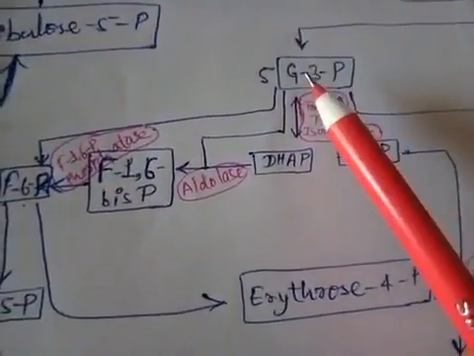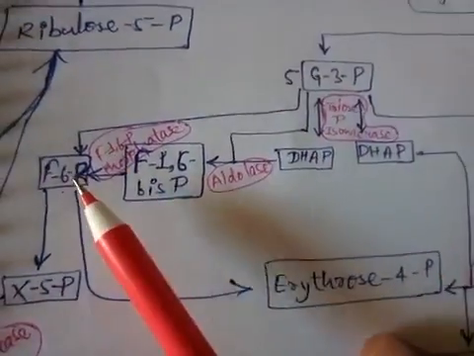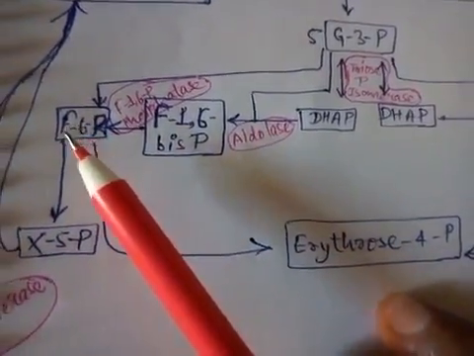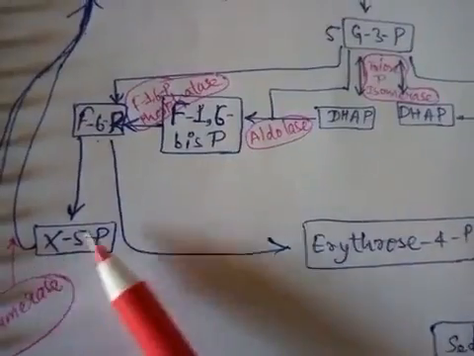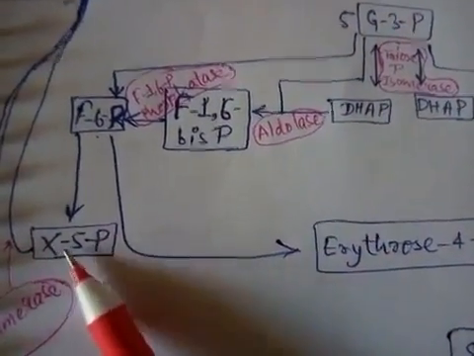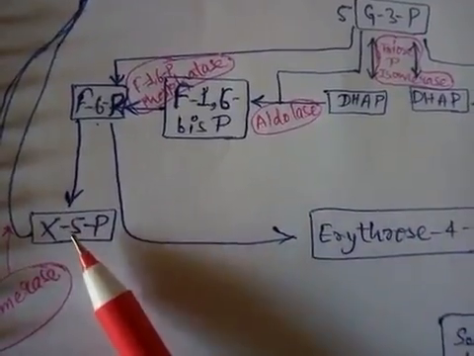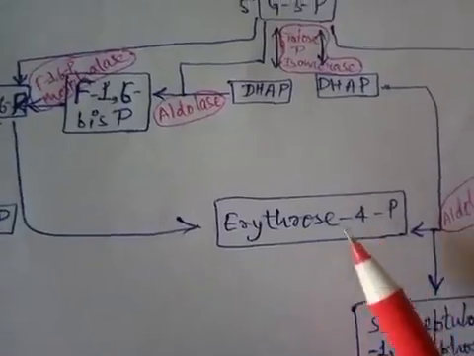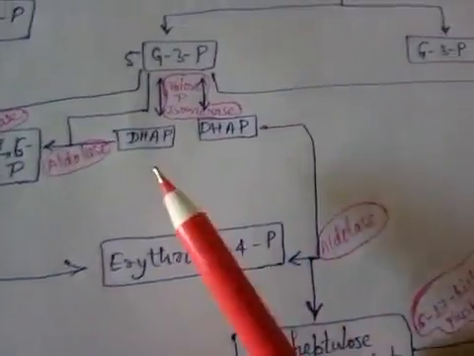Another molecule of glyceraldehyde 3-phosphate combines with this fructose 6-phosphate, and it is converted into a 5-carbon and a 4-carbon compound. The 5-carbon compound is xylulose 5-phosphate, and the 4-carbon compound is erythrose 4-phosphate.